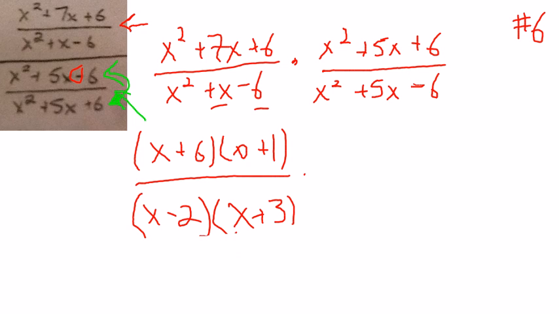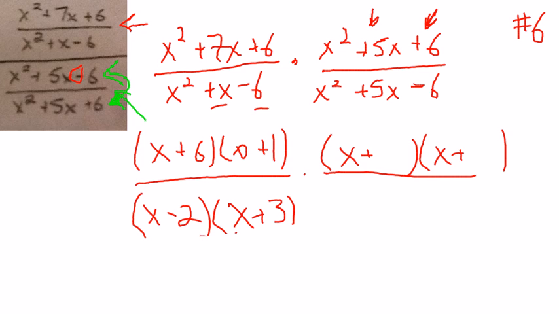Next fraction. The key here is that this is positive, so both of them are positive. Both of my x's, I'm going to have x plus and x plus, since that's positive and this is positive as well. So the only choice is 2 and 3.